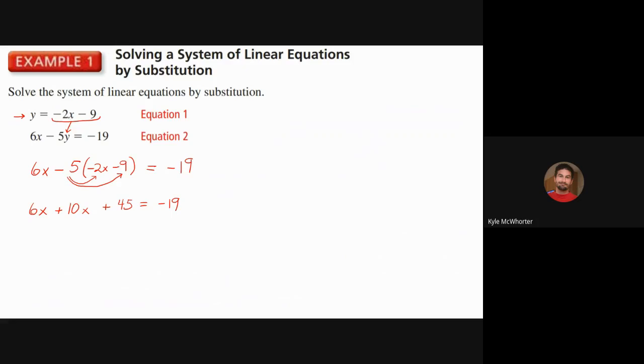Did I do that right? And then we got 6x plus 10x. They're on the same side, so we combine like terms here. So 10x plus 6x is 16x.